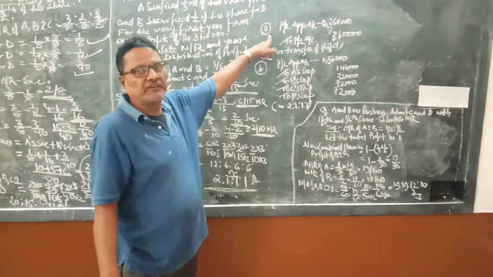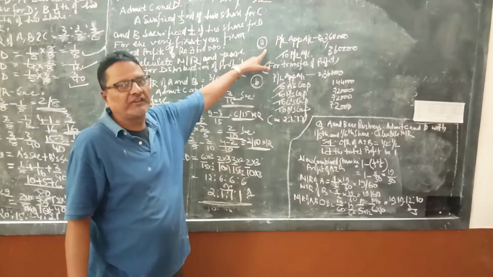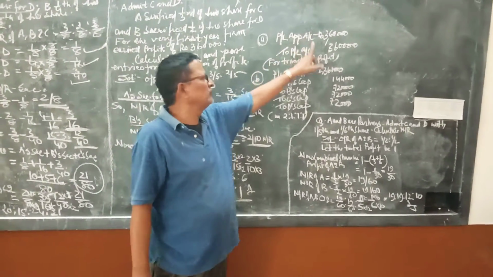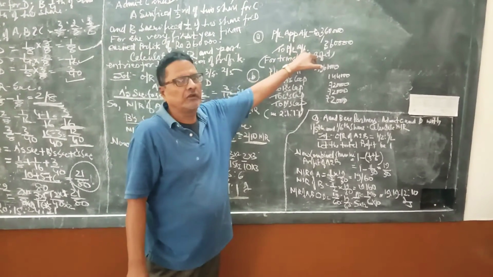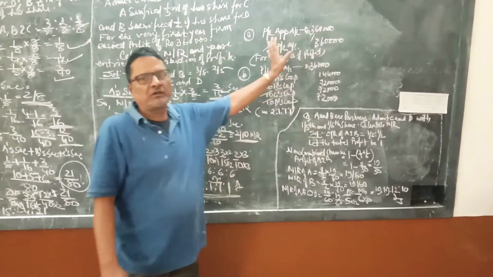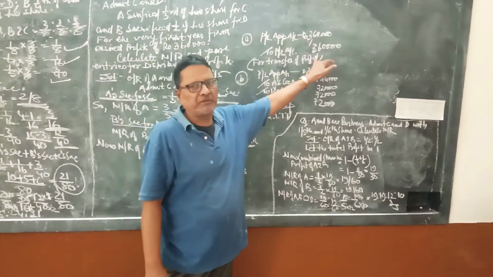So the first entry for transferring profit to the profit and loss appropriation account will be: Profit and Loss Account debit 3,60,000, to Profit and Loss Appropriation Account 3,60,000.